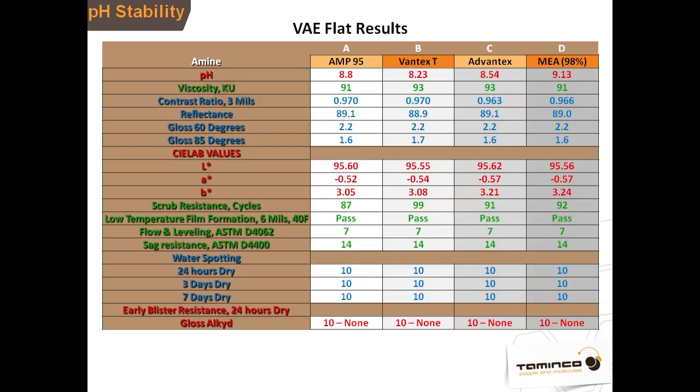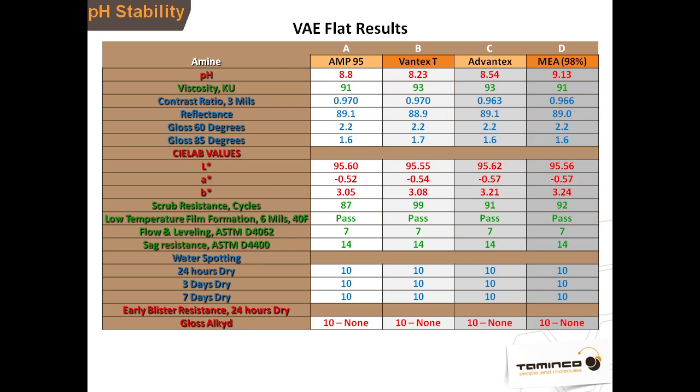The comparative performance of those 4 paints is very similar, other than the pH. The pH of the higher molecular weight, lower pKa alternative alkanolamines will obviously be lower than the pH of a paint made up with a lower molecular weight, more efficient neutralizing alkanolamine. But other than that, the performance of these paints is very similar.